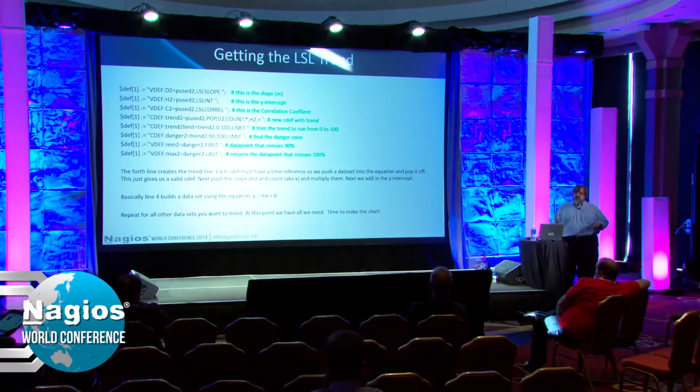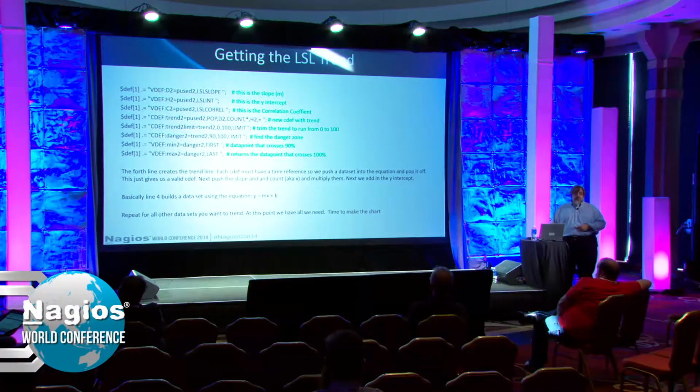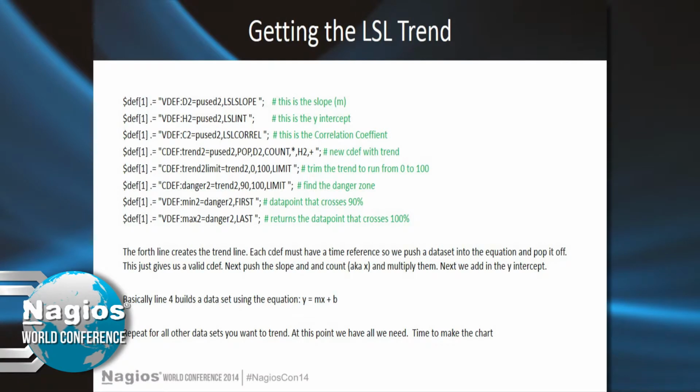Now, LSL is the least square slope. We'll get into that in a little bit. You also have the LSL int, which is the y-intercept, and the LSL correlation, the Pearson's product moment correlation number, which is actually a very cool metric. A lot of people don't understand it. We'll get into that in a minute.